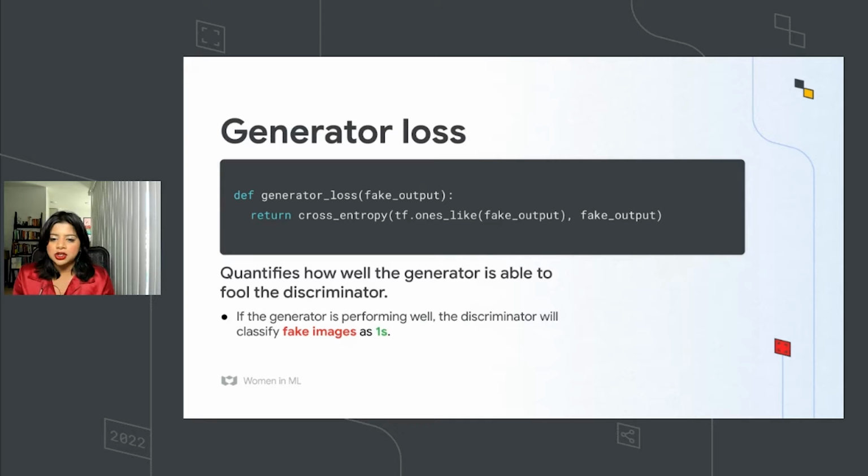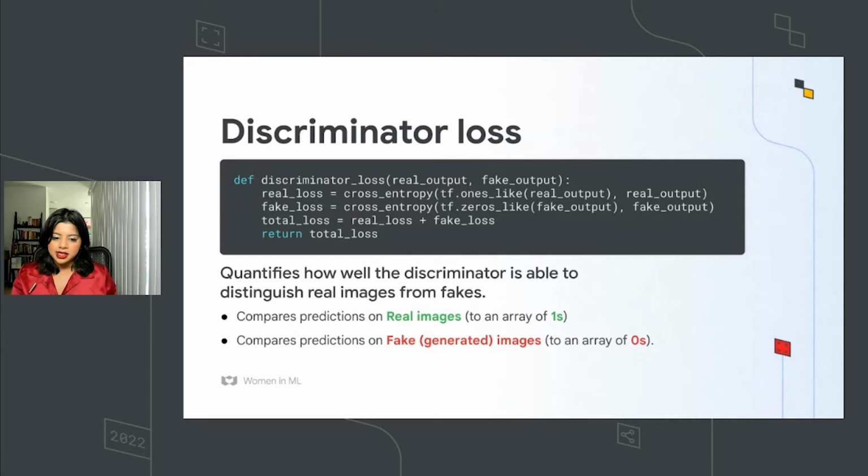Next, the generator loss compares how well it's able to trick the discriminator into thinking fake images are real. If the generator is performing well, the discriminator will classify fake images as ones, even though, as I mentioned on the slide before, they're actually zeros.